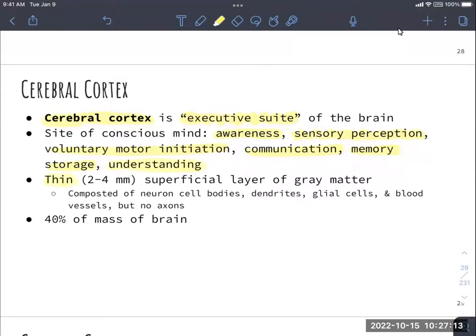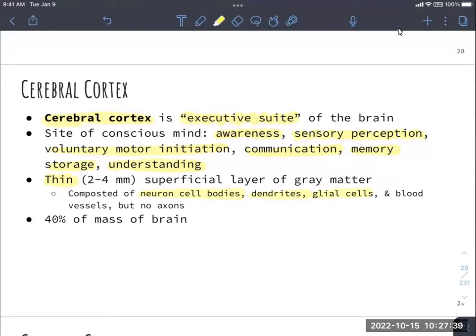That cerebral cortex, it's pretty thin. It has different neuron cell bodies, dendrites. Those dendrites are what come off, those projections that come off the cell body. Glial cells.